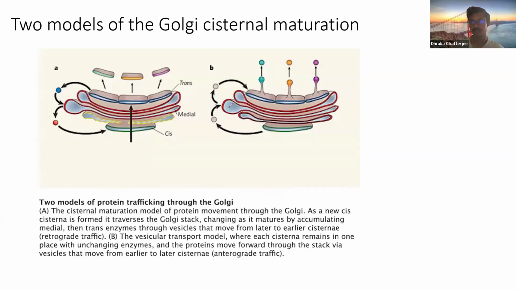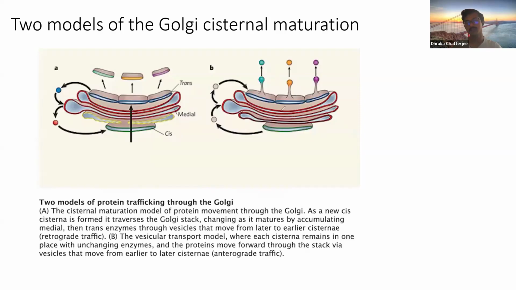The same happens again from the medial cisterna: vesicles bud out with a suitable set of lipids and proteins that have a certain set of post-translational modifications and folding, that is, they get clearance to be loaded into the vesicles, and then they move to the trans Golgi. Eventually, there is vesicular budding from the trans Golgi network, destined towards the final destination subcompartment, be it the plasma membrane or the lysosomes, etc. So that is one model of maturation.